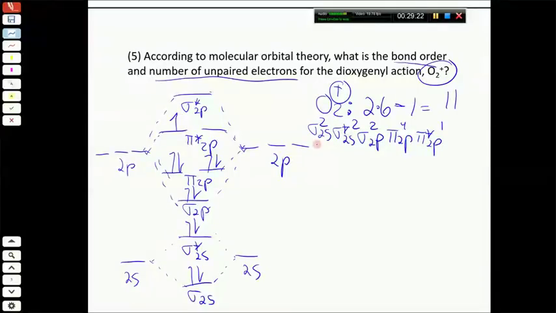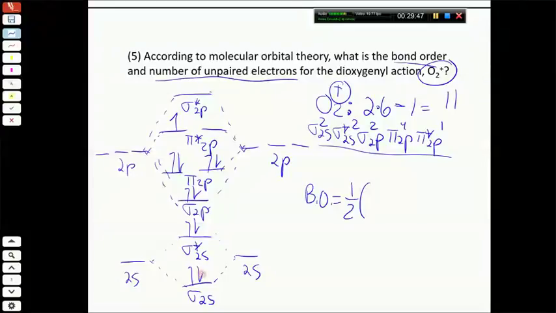This is another way we could potentially have answer choices in questions like this. If we ask you for the correct electron configuration of O2 plus, this is what you would select. But what this problem is asking for is the bond order and the number of unpaired electrons. For the bond order, remember it's that equation where we do 1/2 times the number of bonding electrons minus antibonding. So we find the electrons that are in bonding orbitals, which are the ones labeled without stars.